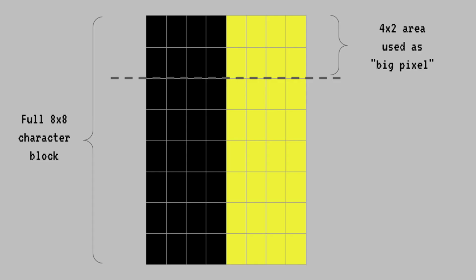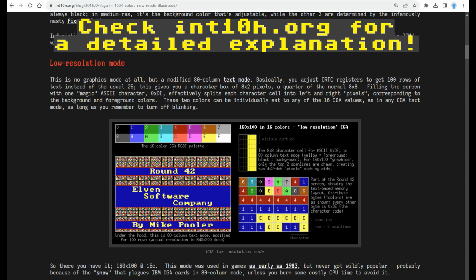As just mentioned, the 80 by 25 text mode is the basis for CGA-Lowres. The way it works is that you reduce the height of characters to 2 scan lines by writing to the encoding registers, so only the top 2 pixels of a character definition will be shown. By selecting characters that only take up the left half of a character and by setting foreground and background colors, you effectively get 2 pixels per character.